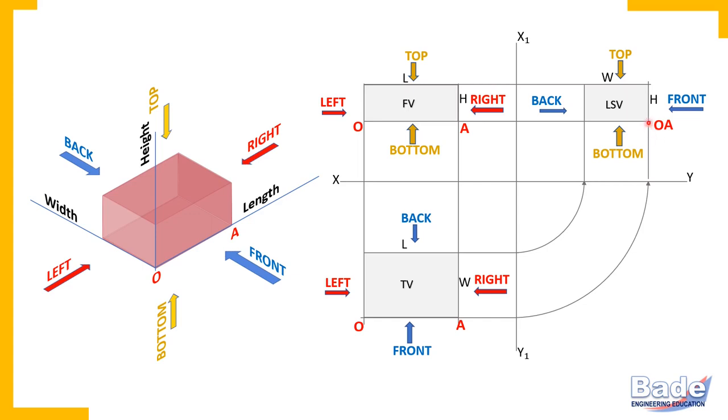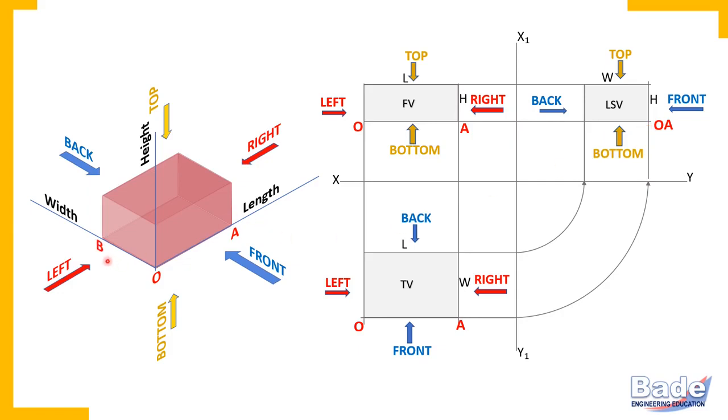So the same point, this corner is point A. It means in the side view, point O and point A overlap. So this corner is not just a point. This corner is edge OA, which appears point in the side view.